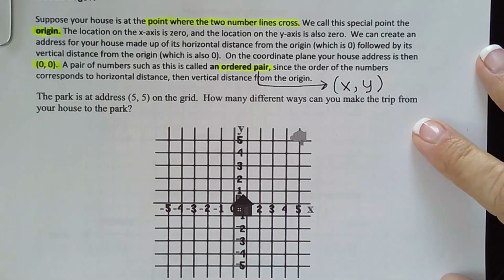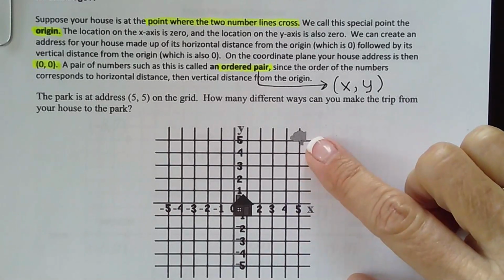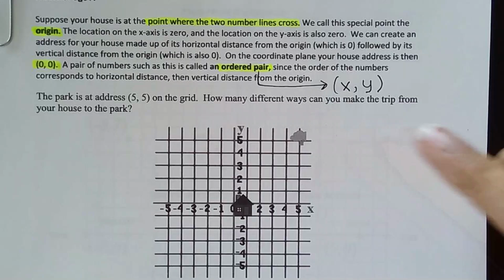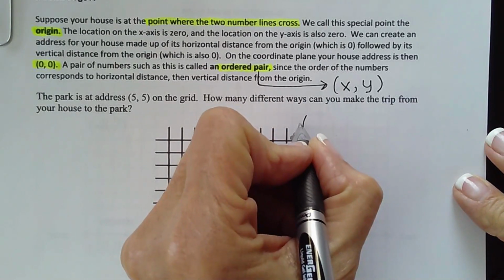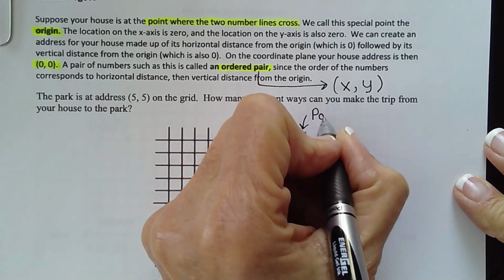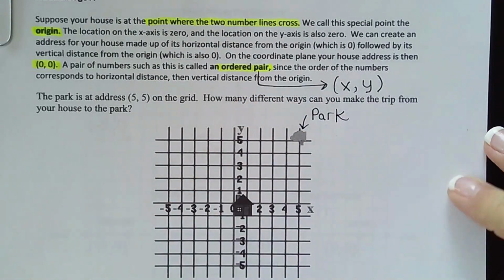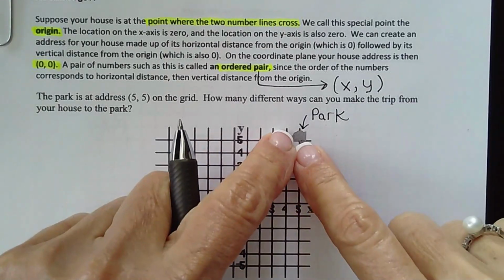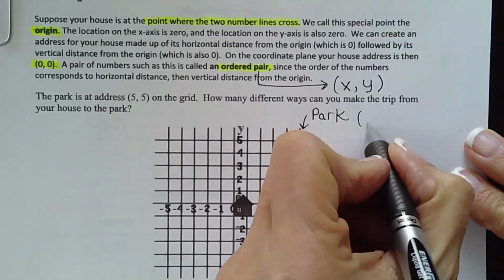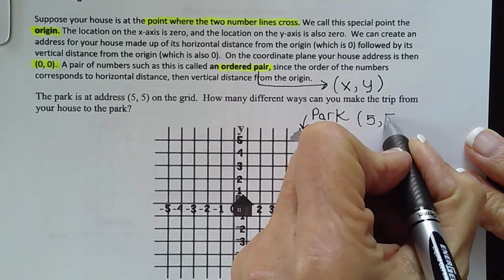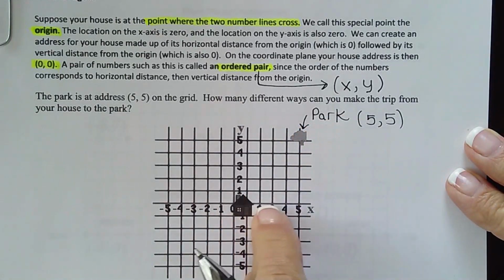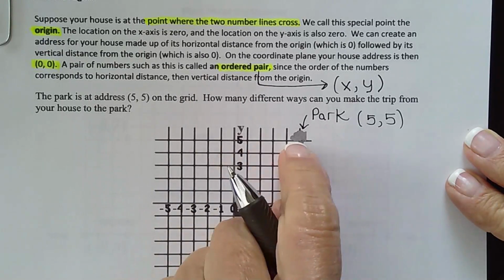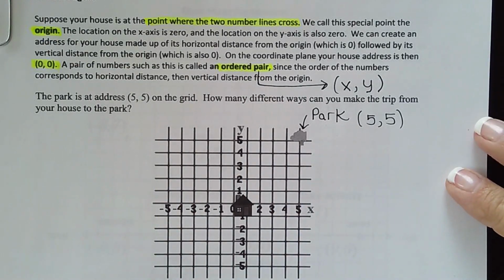So we have a park that's located at 5, 5. So this is the park here. And you can see X is 5, and Y is 5. So that would be the coordinates 5, 5. So 5 horizontal units, 5 vertical units to indicate the park.